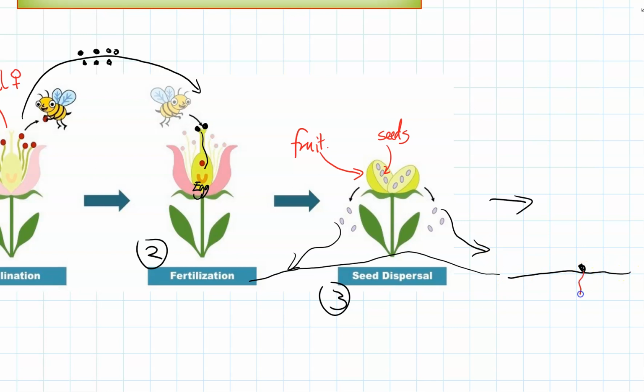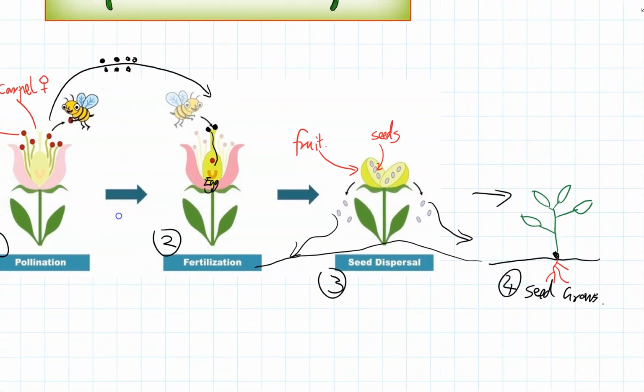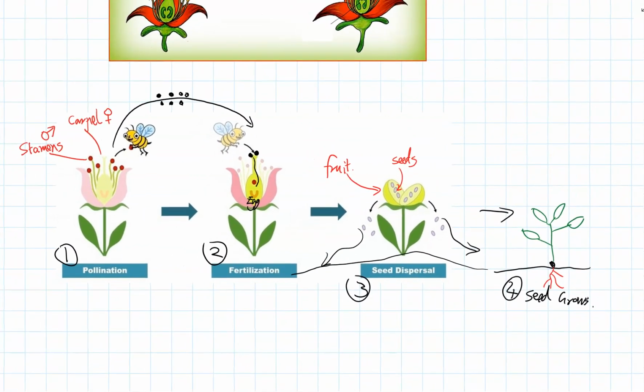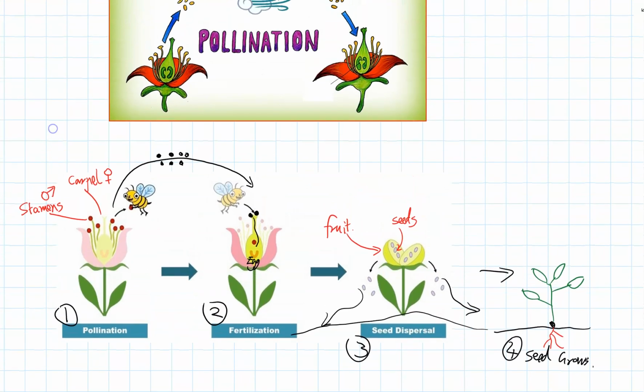They'll start to grow roots, and then they'll start to grow stems and leaves, and suddenly we can have a new plant. So that's the fourth step. The seed grows. All right. So that's the method that plants use for sexual reproduction, which every plant that has flowers will do.